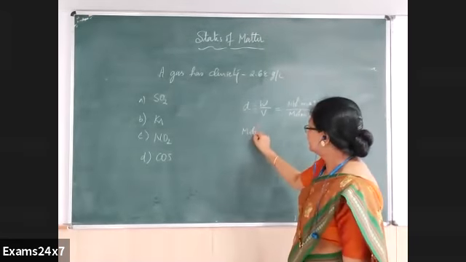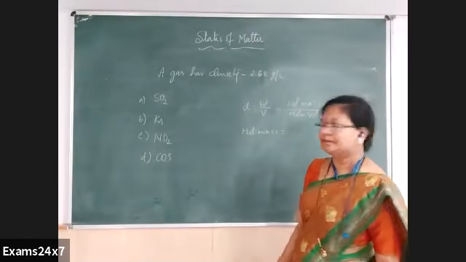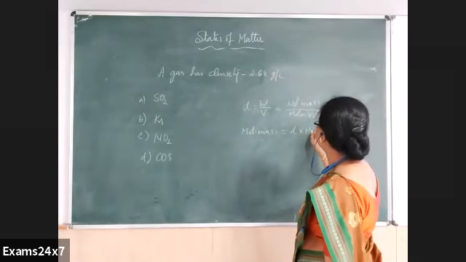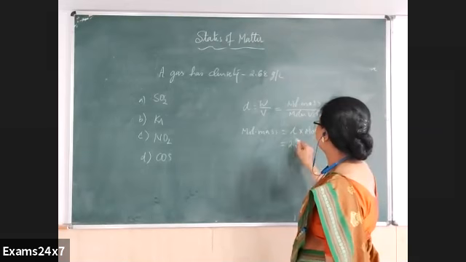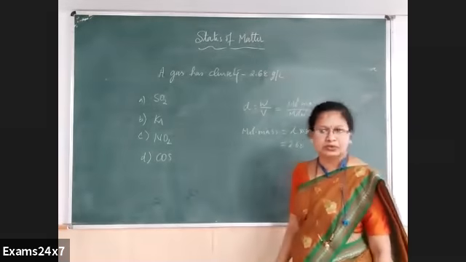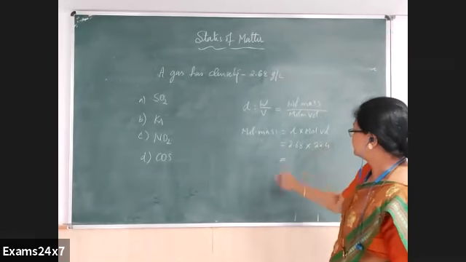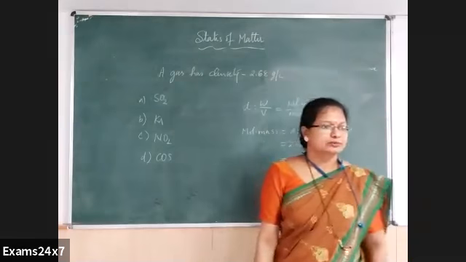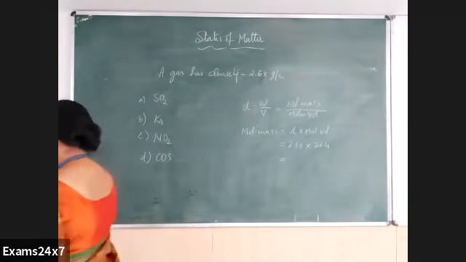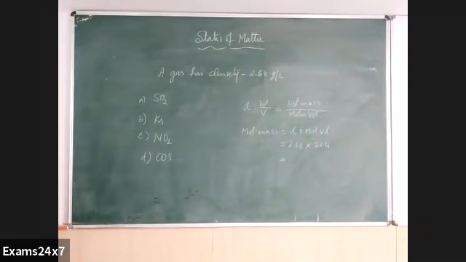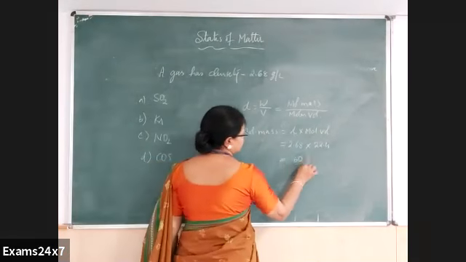You can find molar mass as density into molar volume. Density is given as 2.68, in gram per liter. So volume also should be in liter, 22.4. This gives you the molar mass. It comes around 60 grams.